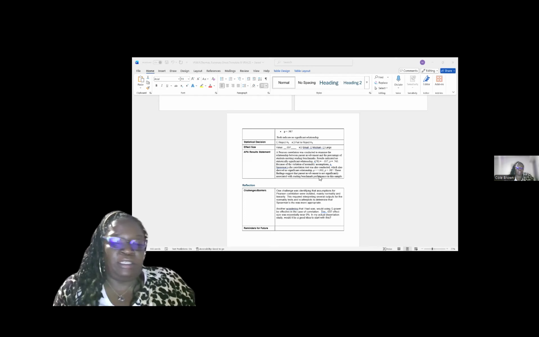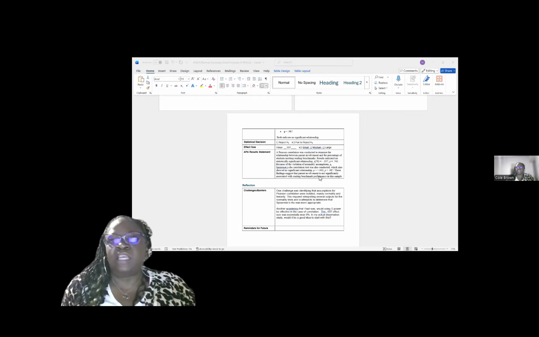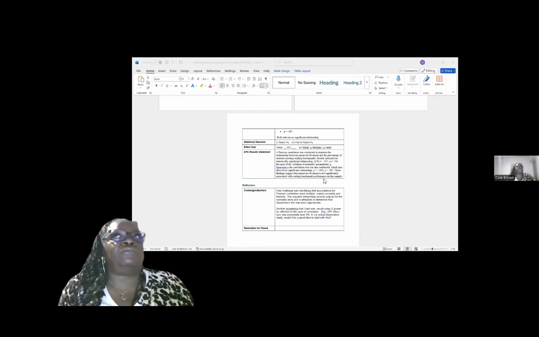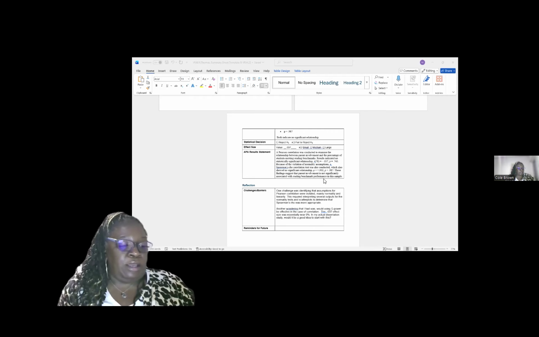So the effect size was essentially zero. The Spearman's correlation was at a negative 0.002, and again, there was no relationship there.